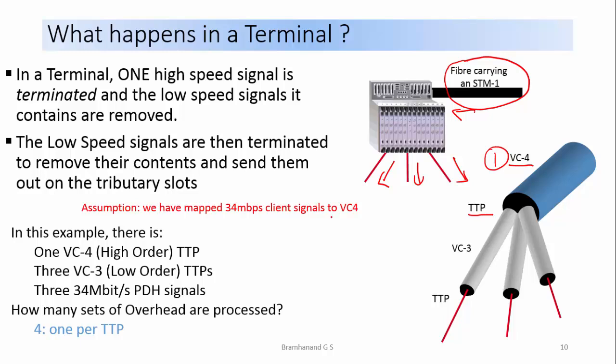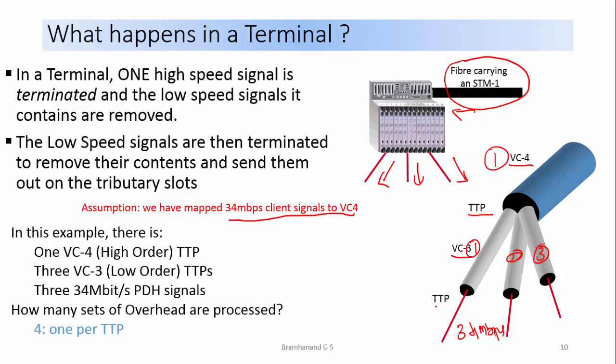Let's assume that we have mapped a 34 Mbps client signal to VC4. Then it means that I would have mapped 3 such 34 Mbps client signals to VC4. It means that I should have 3 VC3s, VC3 number 1, 2 and 3, and from these VC3s, I will take out my 34 Mbps client signals.